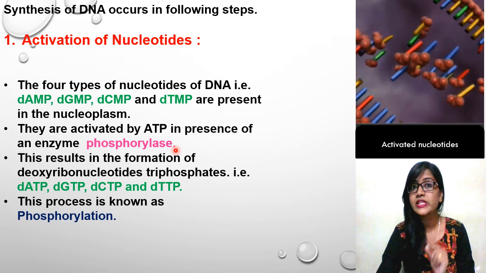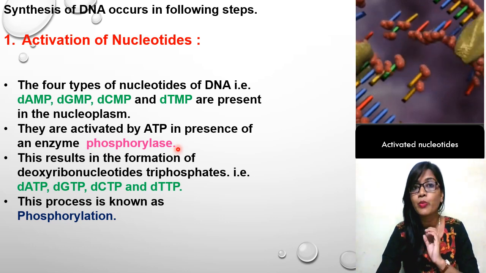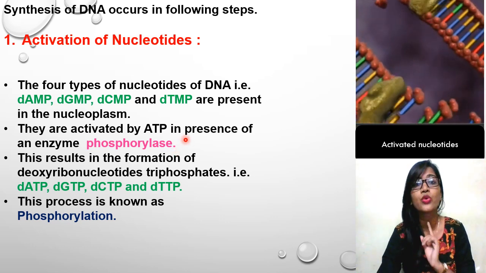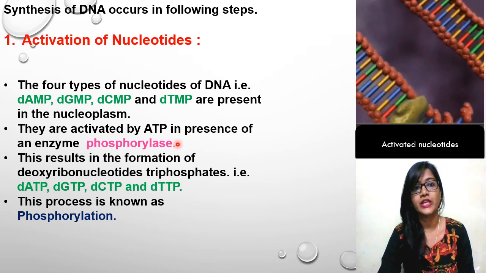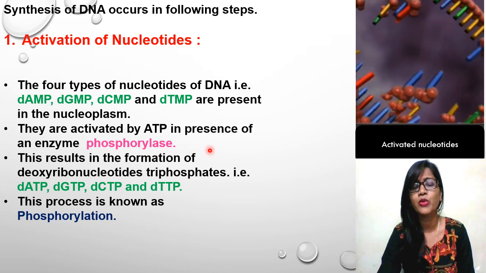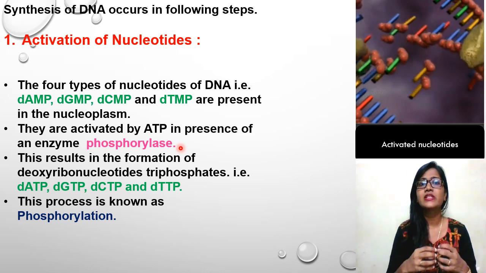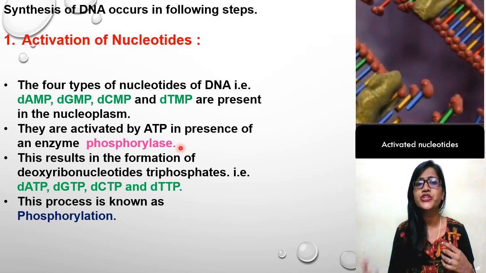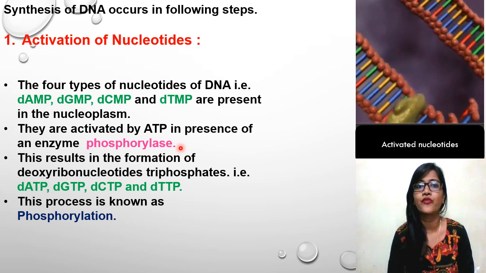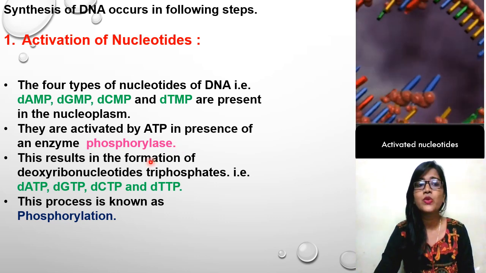The name of the enzyme is very important if you want to score good in DNA replication, and it's very easy. There is a connection between the function of an enzyme and the name of the enzyme. Just try to understand it.